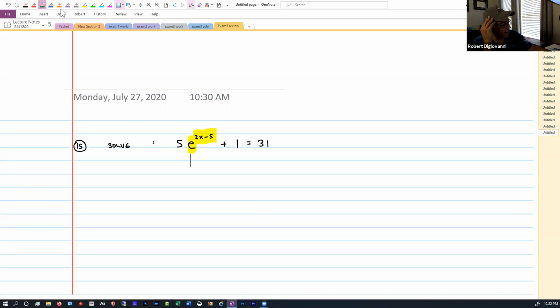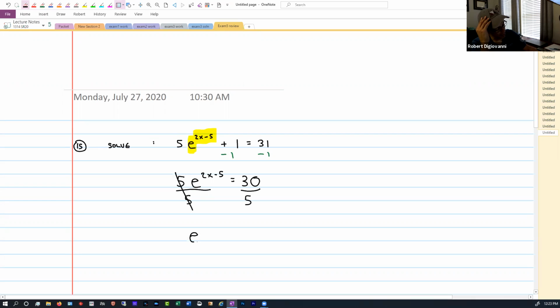So I'm going to start out here. I'm going to subtract 1 from both sides. All right, so when we do that, we get 5 times e to the 2x minus 5 equals 30. Again, we cannot multiply the 5 times the e, so we have to divide the 5 through. The 5's cancel here.